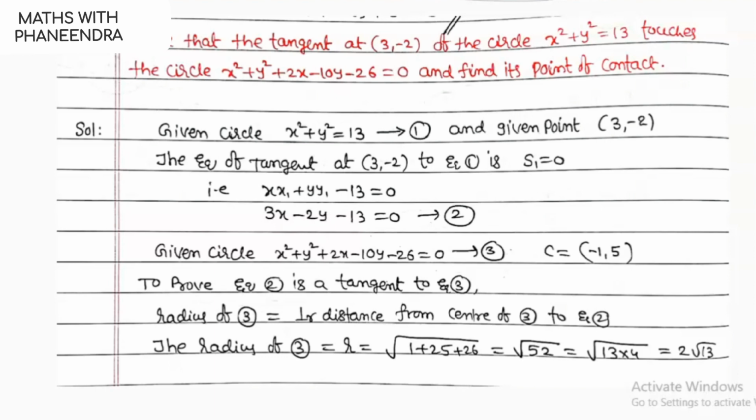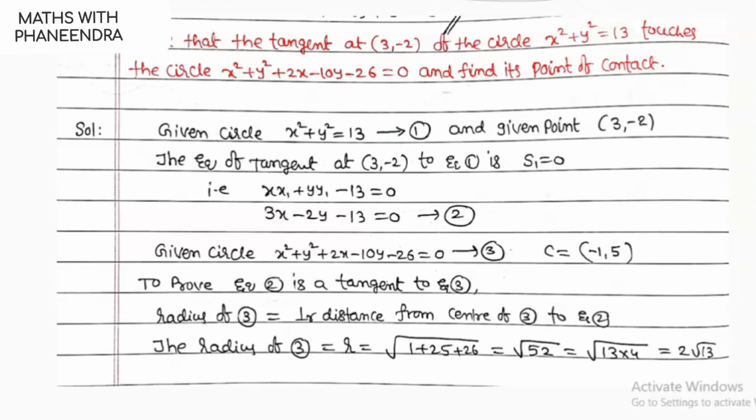Given first circle, x^2 + y^2 = 13, and given point (3, -2). So the equation of tangent at (3, -2) to equation 1 is S1 = 0. Whenever it is in standard form, I already said that g, f are not there, and the constant you can take to this side. Wherever x^2 is there, write xx1. Wherever y^2 is there, write yy1.